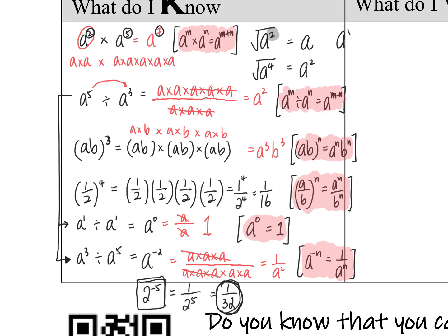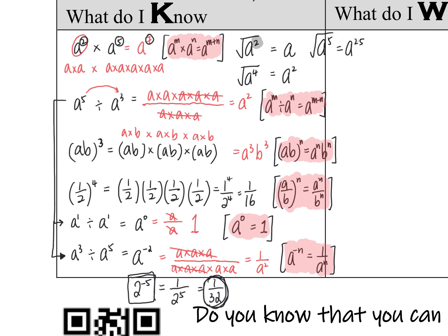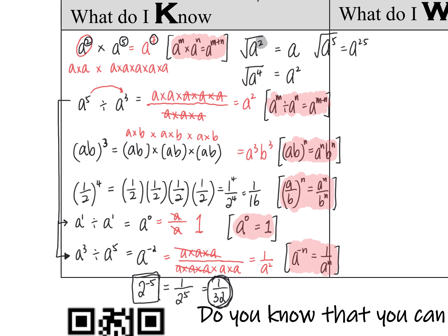What if it's A5? So remember, they are telling you in this rule, wait, let me use the correct pen color. What they are trying to tell you is square root is the equivalent of power half.